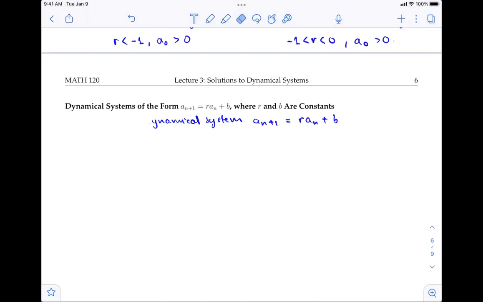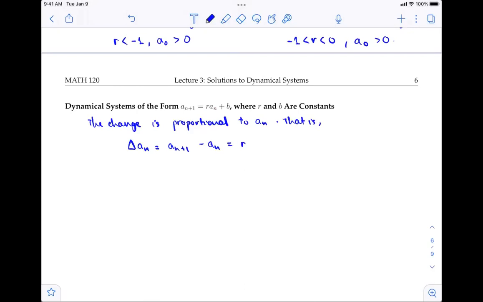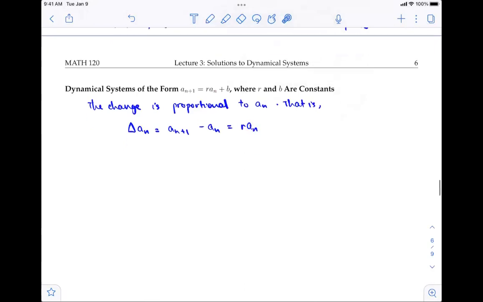Let me be careful here, sorry. So the change is proportional to A sub n, right? That is, delta A sub n equals A sub n plus 1 minus A sub n. That's how you come up with the difference equations. This is equal to R times A sub n because it is proportional to A sub n, right?